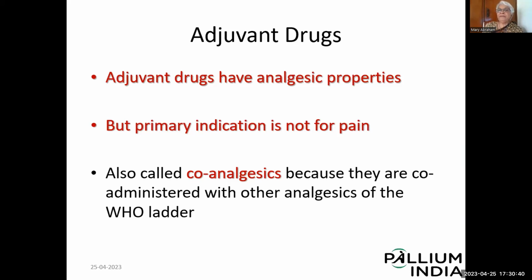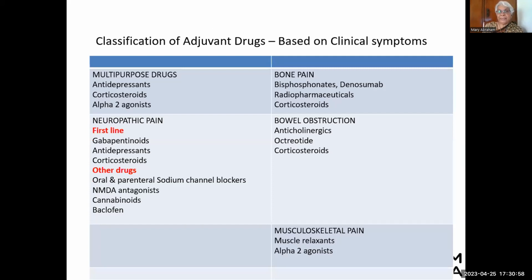For example, when you give an antidepressant, its primary indication is depression, but it is also given as an analgesic because it's good for neuropathy. Similarly, an anticonvulsant's primary action is as an anticonvulsant, but it has an effect on pain. So they are also called co-analgesics. If you look at the classification, it's based on the clinical symptoms.